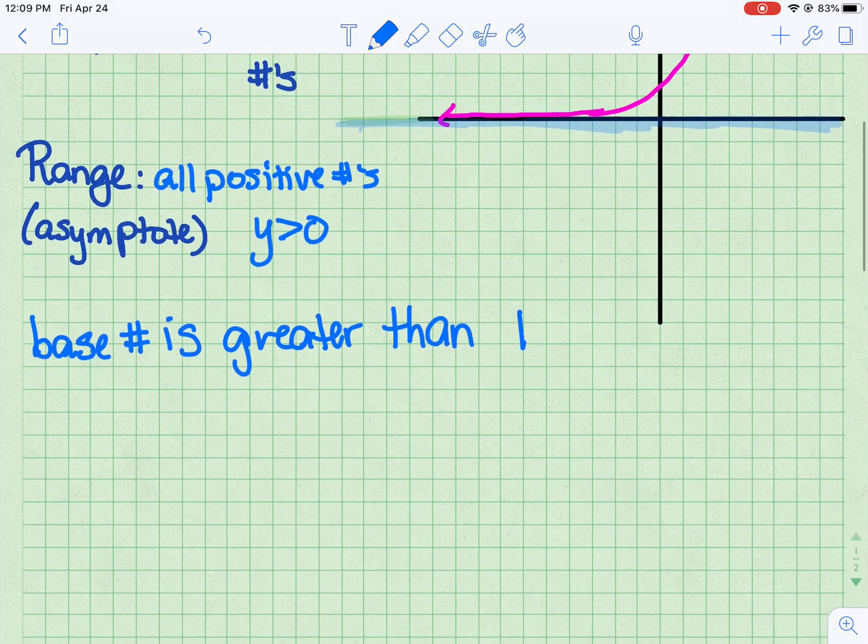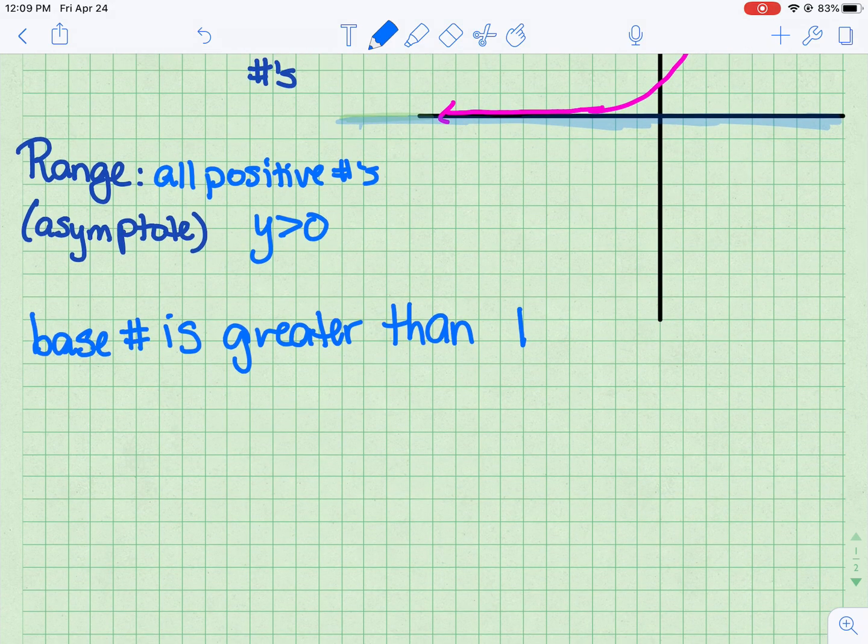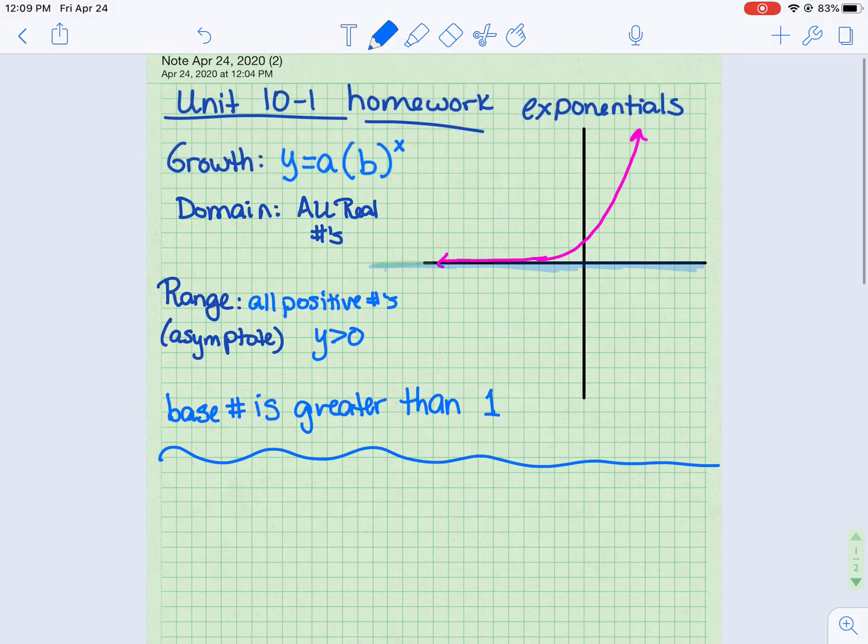Oh, you can't see that. So for growth, either the graph starts low and goes up high, or in the equation, the b raised to the x power is greater than 1. Does that make sense?